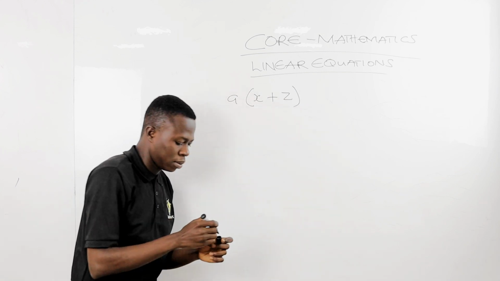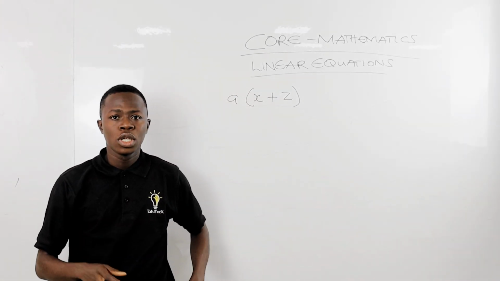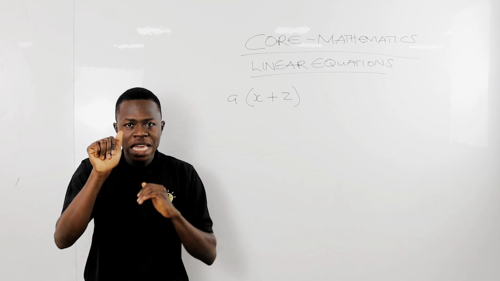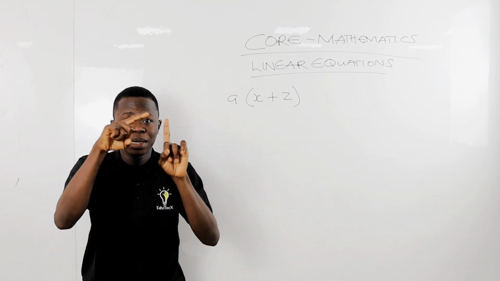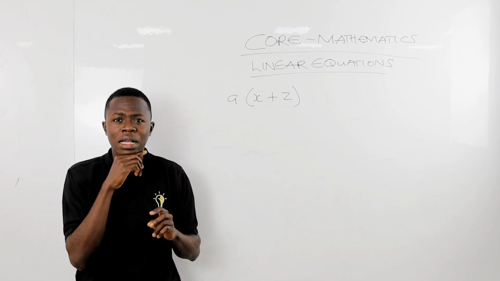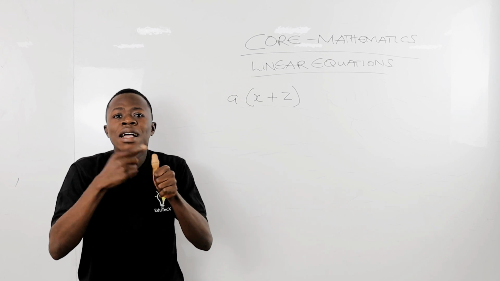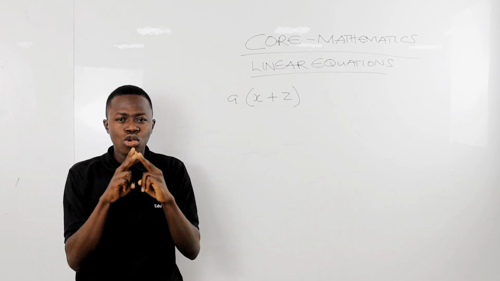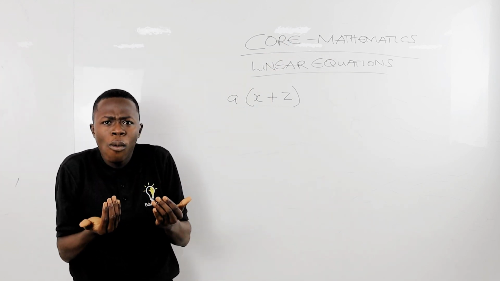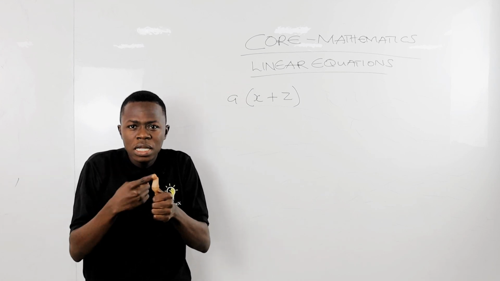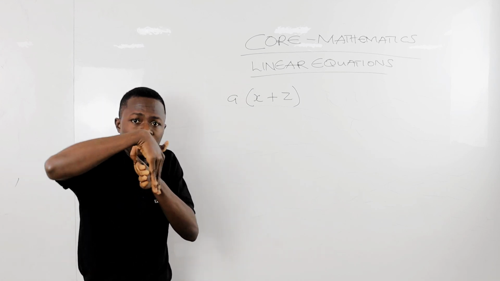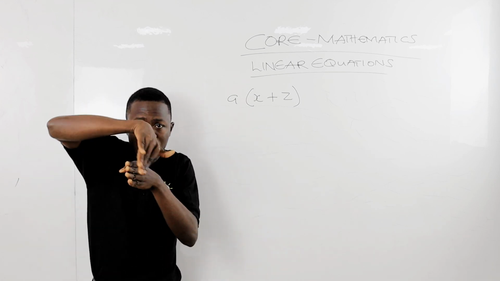So on the board we have an expression of the form a open bracket x plus z close bracket. So we said that the first thing to do is to expand the bracket, right? So what do we do? How do we do it?